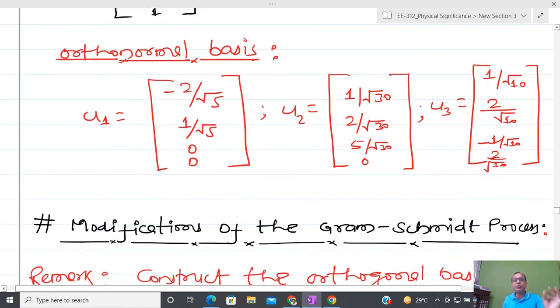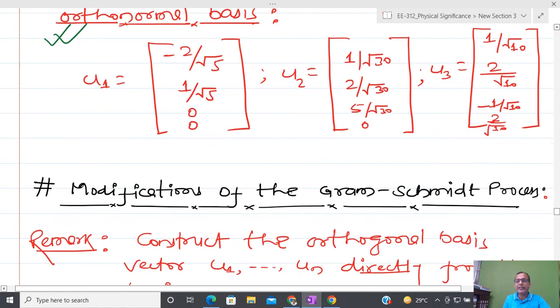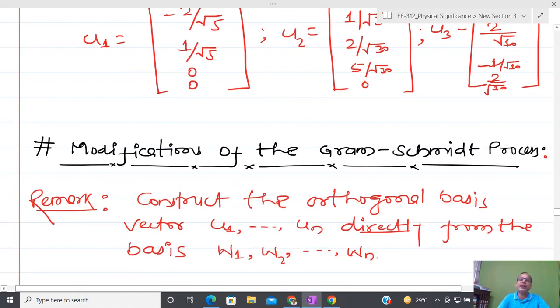In order to construct the orthonormal basis, since you are in Euclidean space, you can calculate the magnitude and just divide by that. In this way, I can construct the orthonormal basis too. So this is one way to write the algorithm.